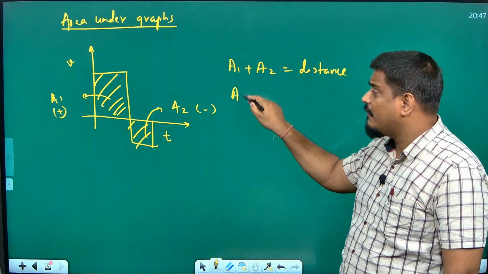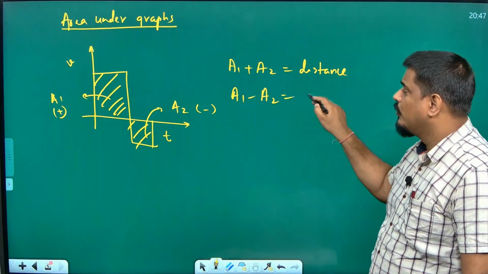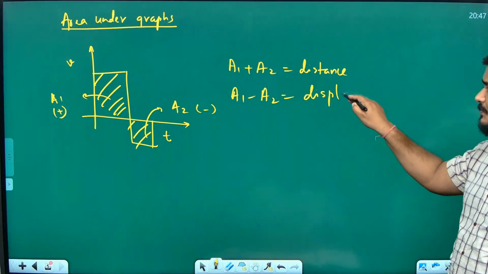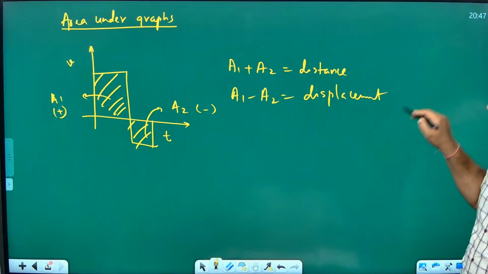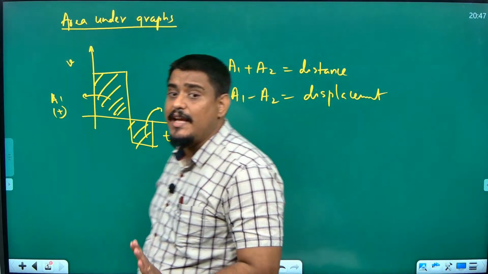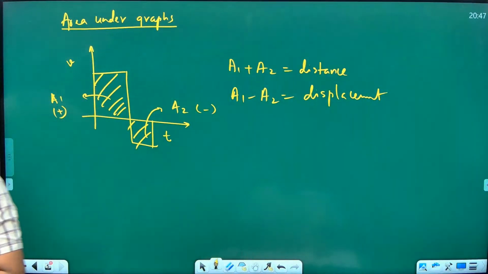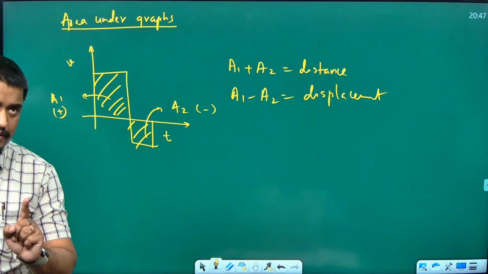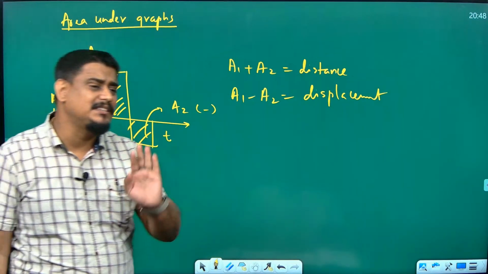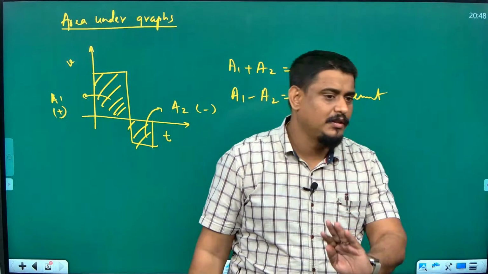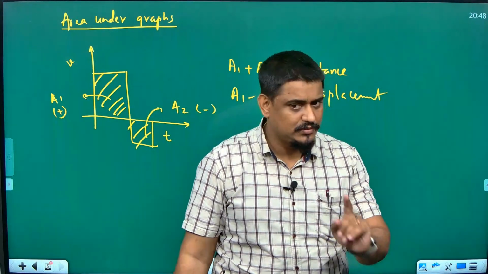And if you write A1 minus A2, you get displacement. It means if you add the areas considering the signs, you get displacement. If you add just the magnitudes, you get distance covered. Are you getting my point?